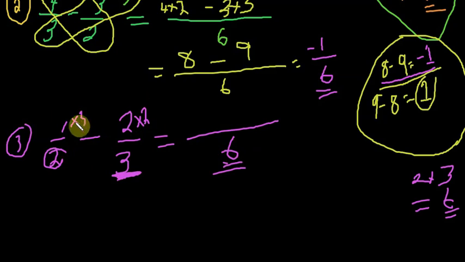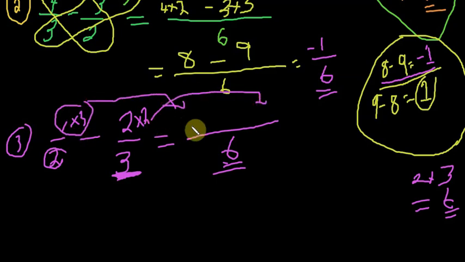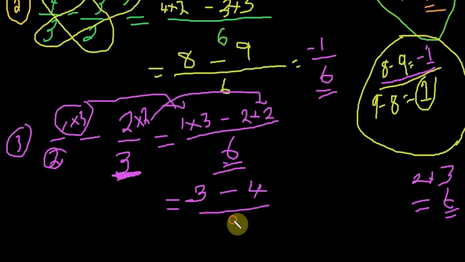So the answers we get are what we bring down here. So 1 times 3, just write it as it is, minus 2 times 2. Then we go down, 1 times 3 is 3, minus 2 times 2 is 4, divided by 6.